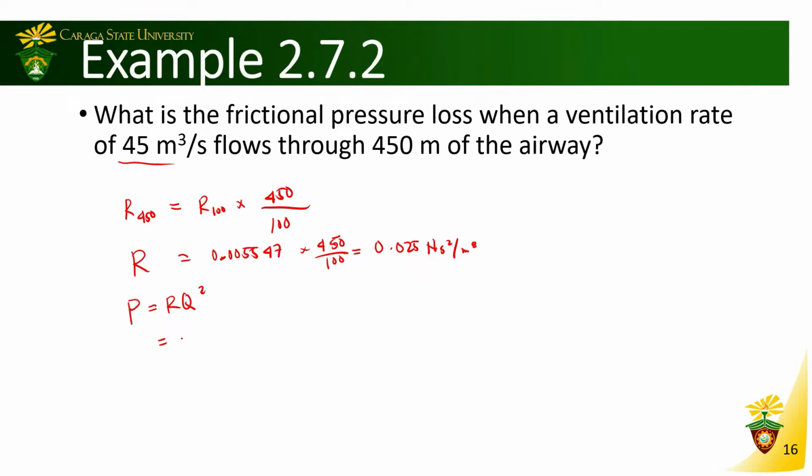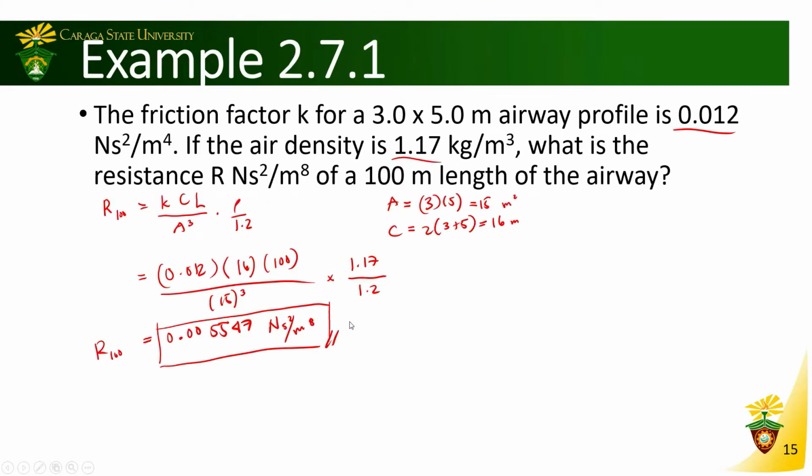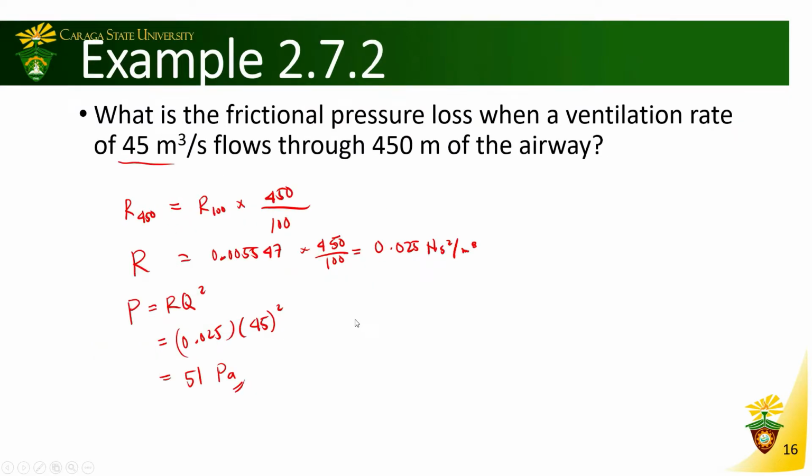This would be equal to 0.025 times Q squared, which is 45 squared, and this gives us 51 pascals. Right, so that is how we could make use of our two equations: Atkinson's equation and the relationship P equals RQ squared.